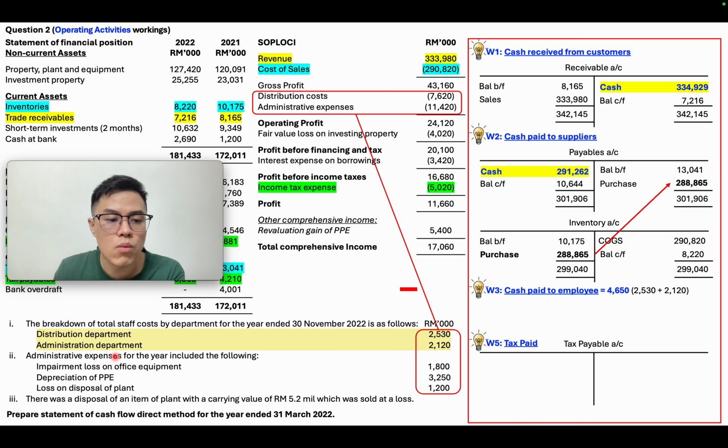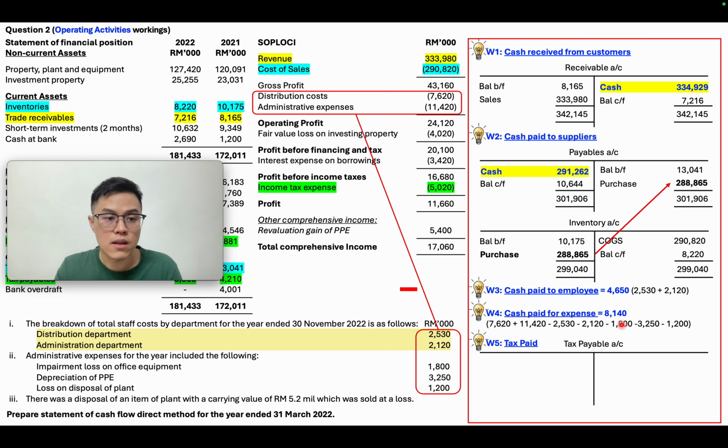Because in note 1 and 2, note 1, staff cost, you need to minus out because you have specially presented in working number 3. And Roman 2 additional information you need to minus out because it is non-cash item. And you will get 8140.